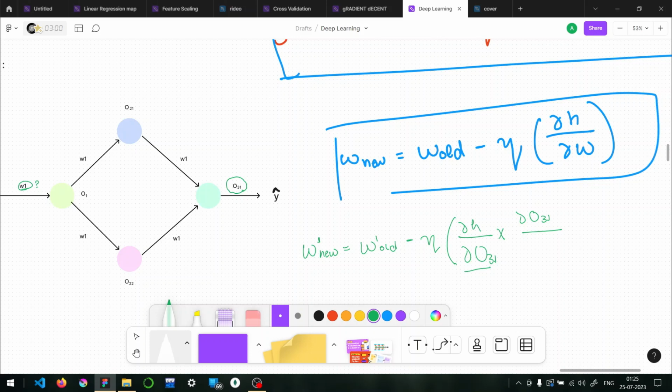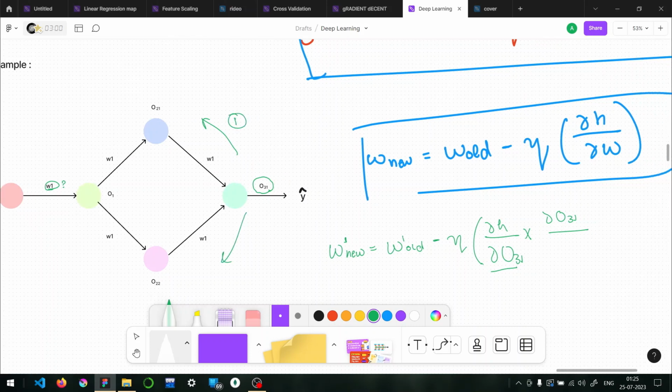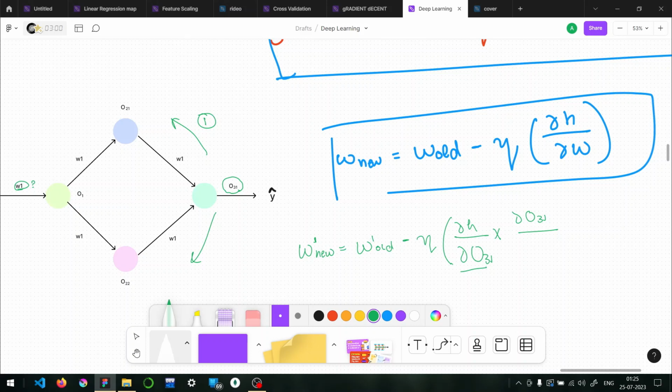Okay, so now we have two ways. We can go in this direction, and we can propagate from the other direction as well. So let me take the first direction for you. We have taken the partial derivative of O31, and then it is depending upon the outcome of O21. After that comes O21. Now we have written O21 here, and we have to cancel that out.